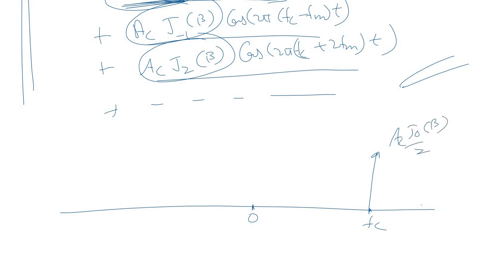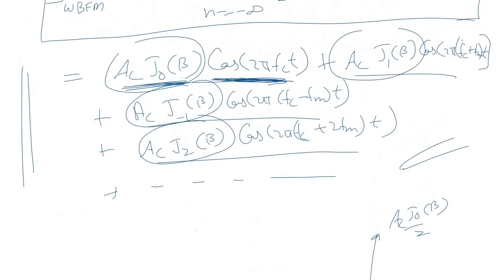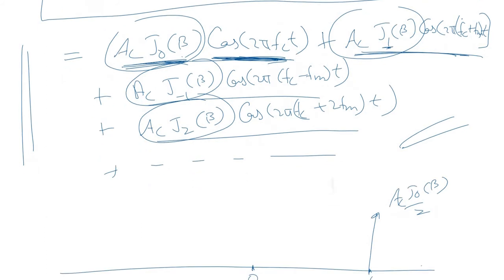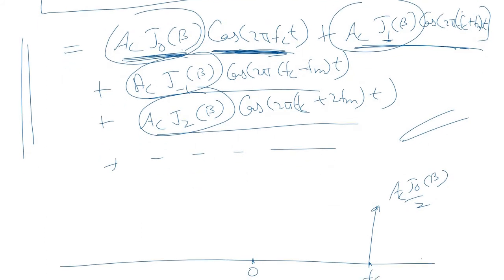The second term, having the first order Bessel function, will also be an impulse, but a shifted impulse, shifted by f_m. So it will be at f_c + f_m, and its negative counterpart will be at f_c - f_m, with amplitude A_c J_1(β) by 2.